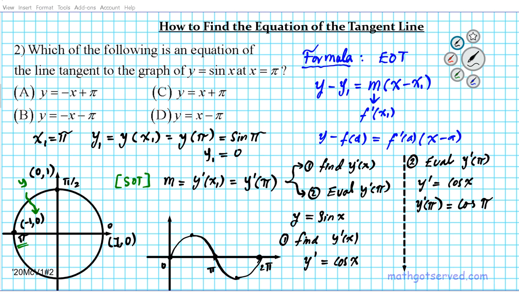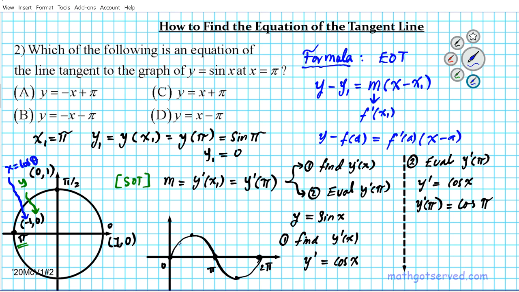All right, so what is cosine pi? Well, we already have our unit circle here. Remember, the y-coordinate is the sine, and the x-coordinate is cosine. So for cosine pi, all we just need to look for is the x-coordinate of this point here. That corresponds to pi on the unit circle, and we see that it's -1.